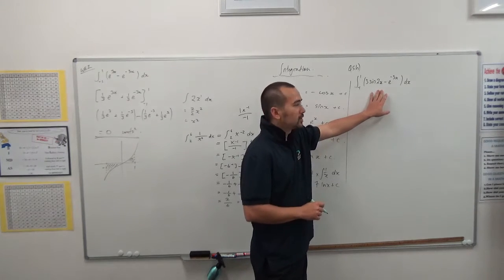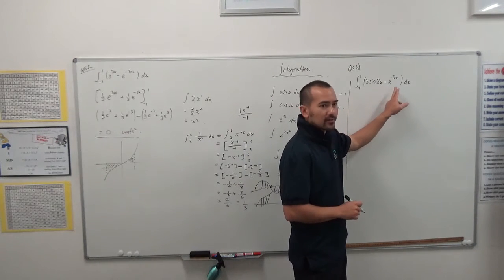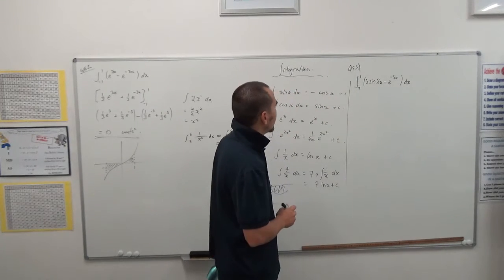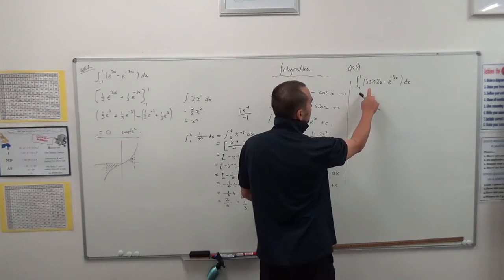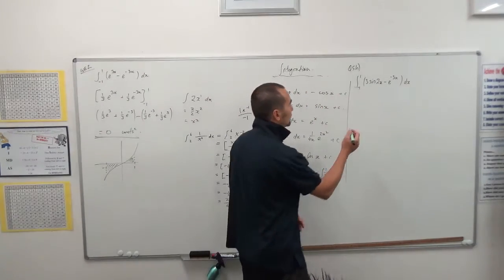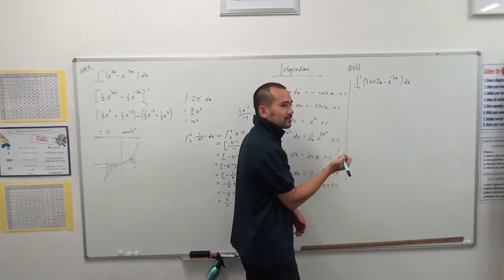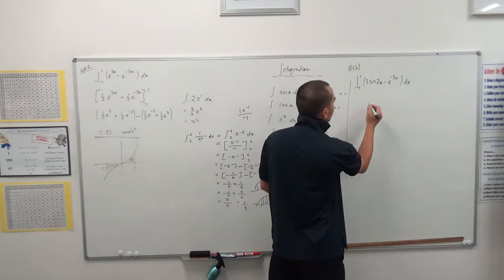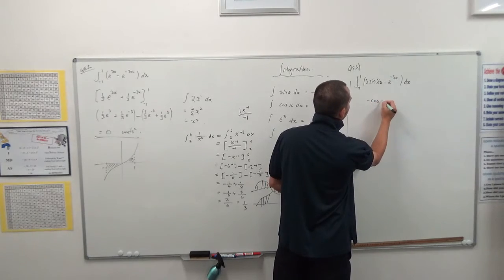Integrate a mixture of sine function and log function. And so what is the integration, please, of 3 sine 2x? Integration of sine is going to be negative cosine.